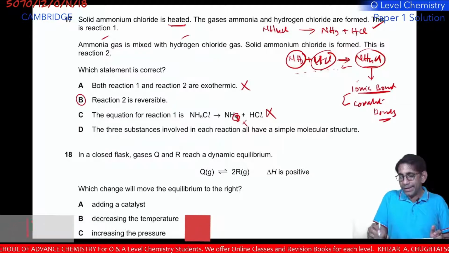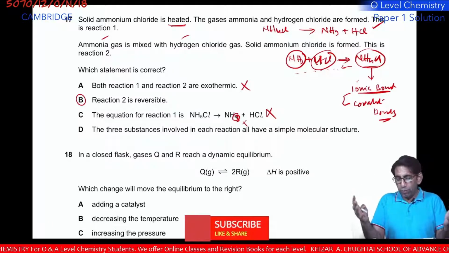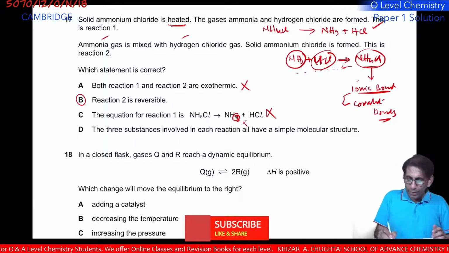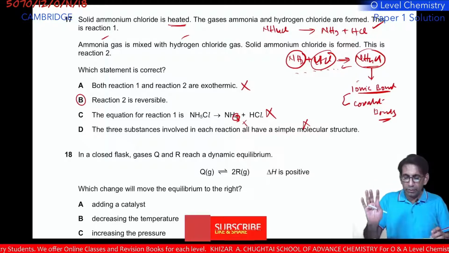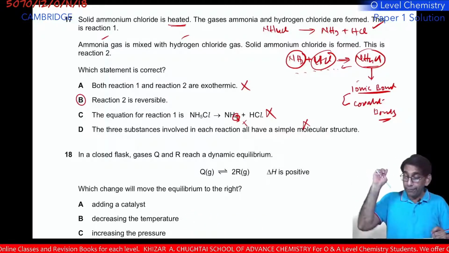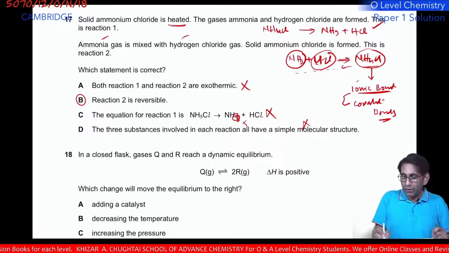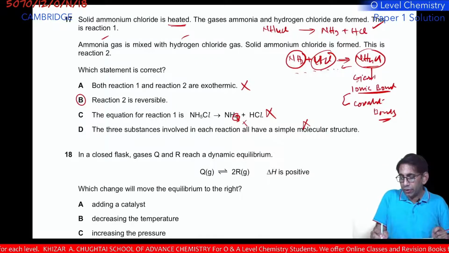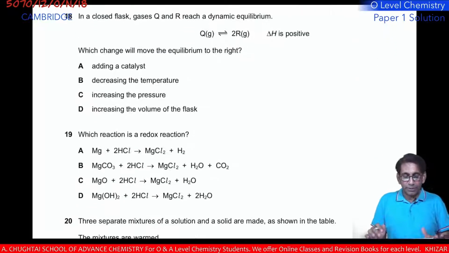Covalent bonds and one ionic bond per formula unit. So again, D is the incorrect option. All are not having simple molecular structure. Ammonium chloride is supposed to have a giant ionic structure. So it is confirmed that D is the correct option.